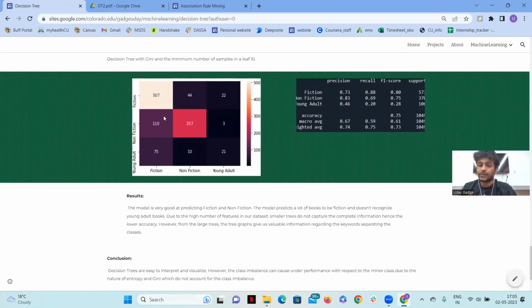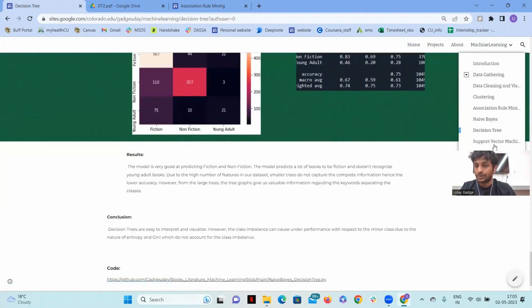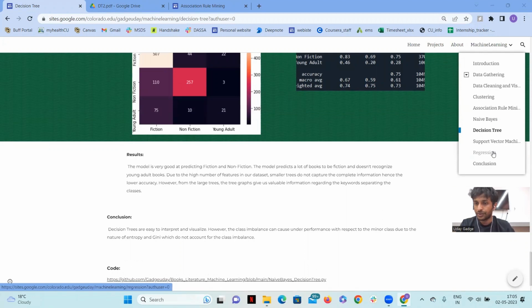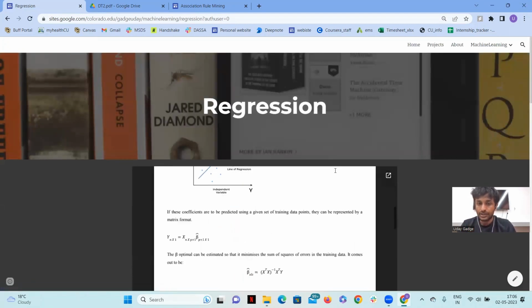And this kind of gives us an idea of the kind of data that these algorithms work well with and the kind of data they don't really do well at separating. Another thing that I did is to try and predict the price of a book, but I did not have enough data to do it.